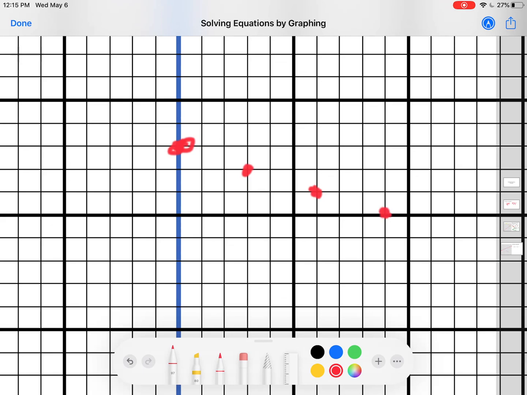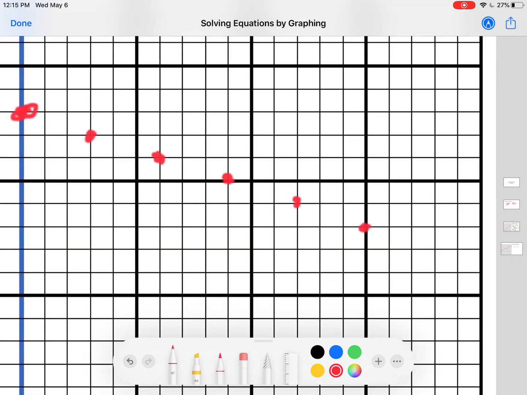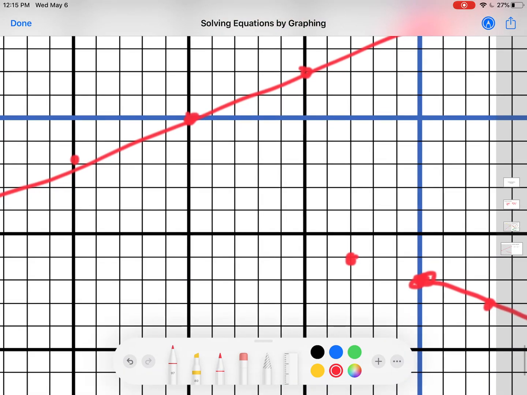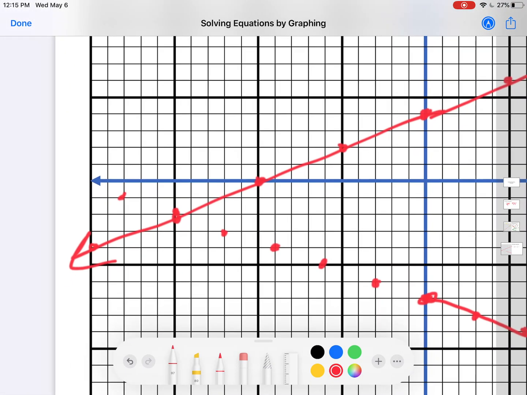Negative 1/3 again and again. Draw the line all the way through, put an arrow. Then the other direction: negative 1/3, still negative. Left negative, up positive. Negative positive is negative.